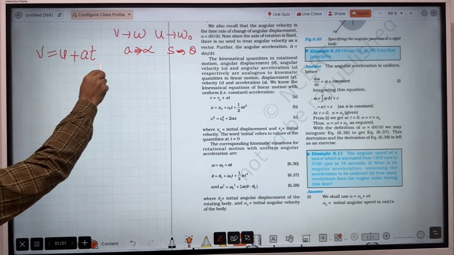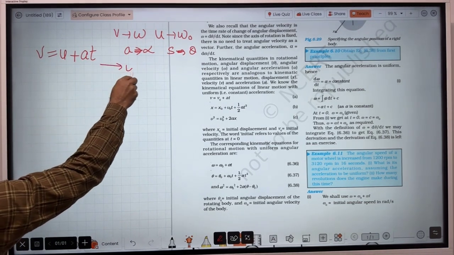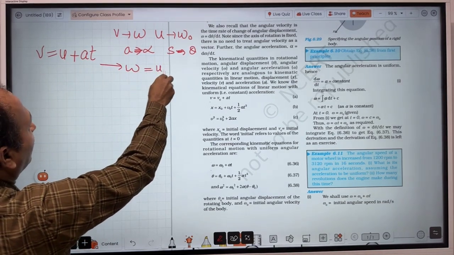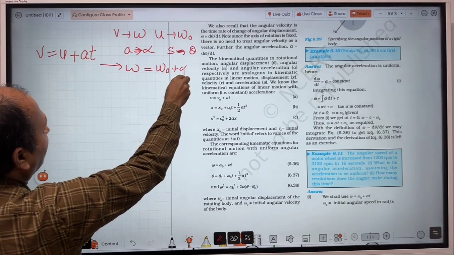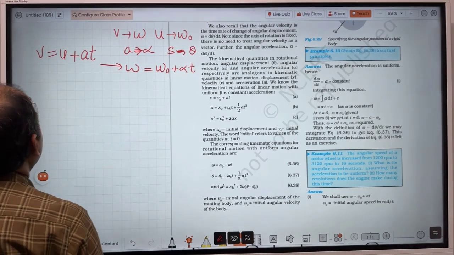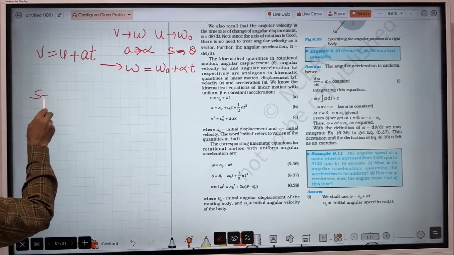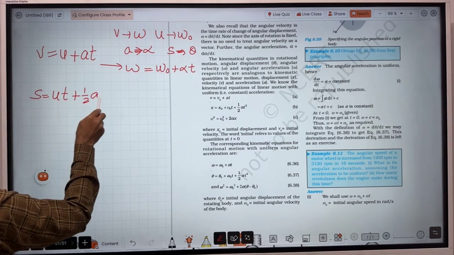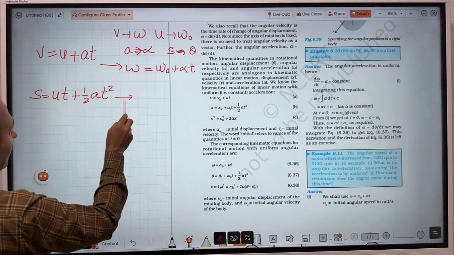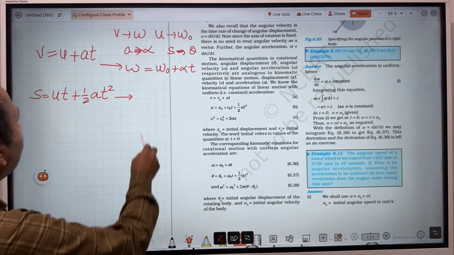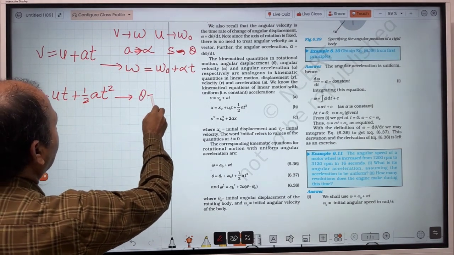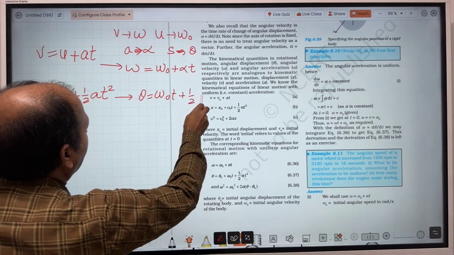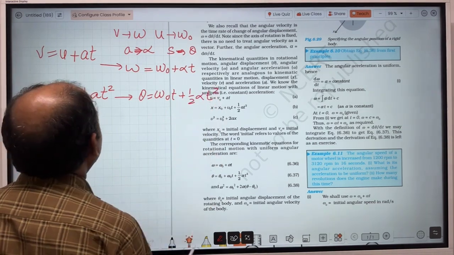So v equal to u plus at will be corresponding to omega equal to omega 0 plus alpha t. Second equation, s equal to ut plus half at square will be similar to theta equal to omega 0 t plus half alpha t square.